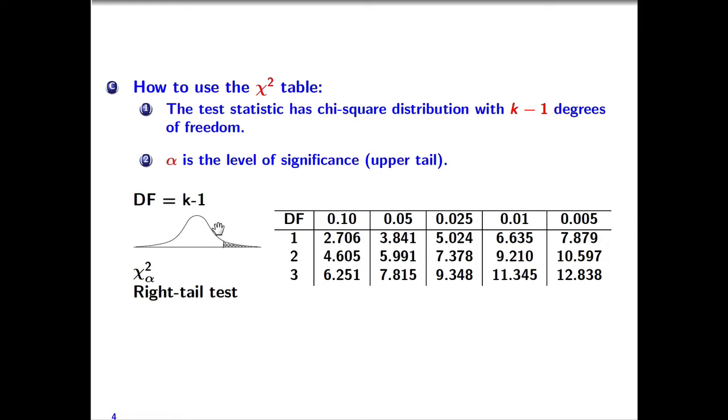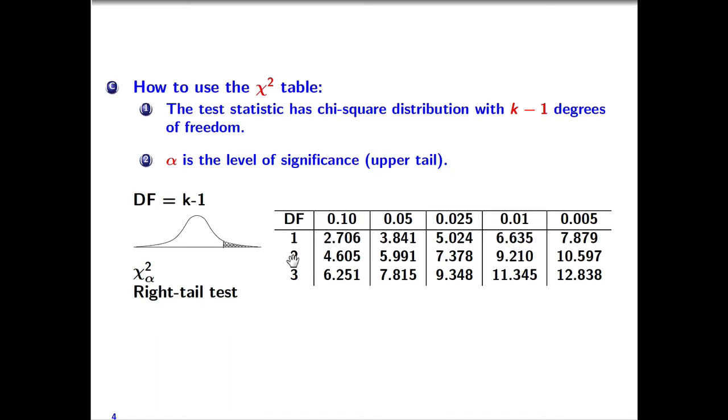Say for testing 3 proportions, then the degrees of freedom will be k-1, which is 2, and we are going to use this row of data for the critical value chi-square alpha.